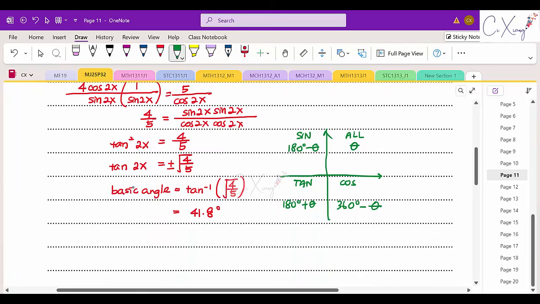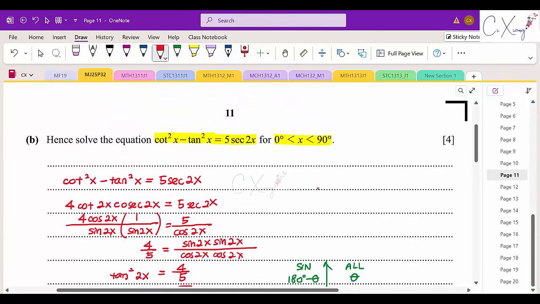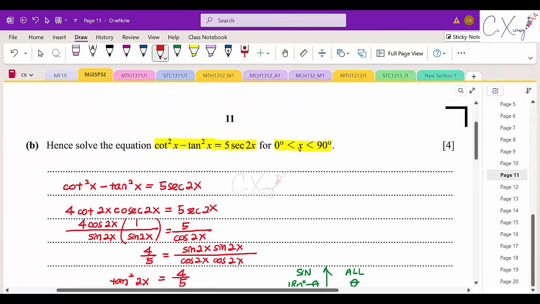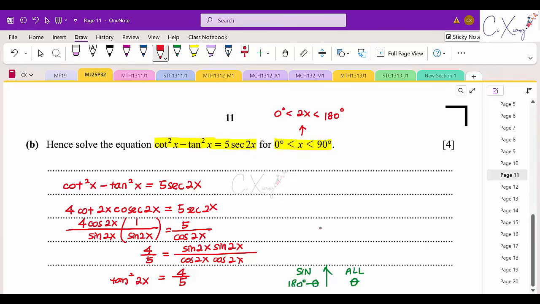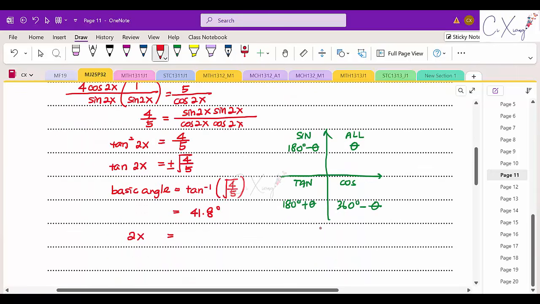But after we found the basic angle, we need to find out the answer for 2x first. So to find the 2x, we need to go through the quadrant, right? And we need to know how many quadrant I need to go through. Therefore, I need to change the range for this one first. So x is from 0 to 90. Therefore, 2x will be from 0 to 180.